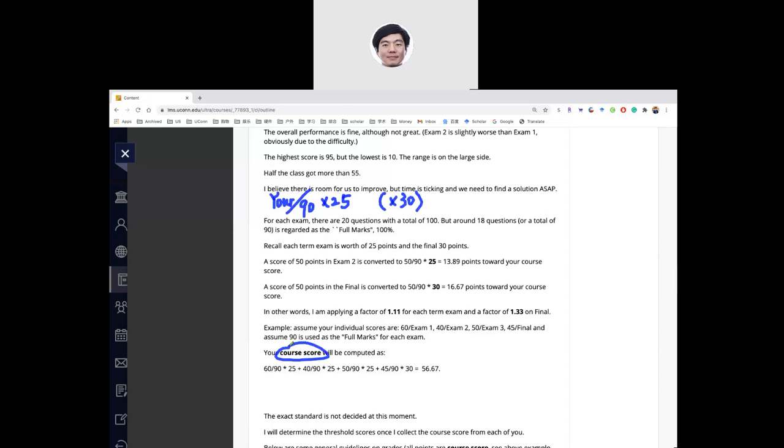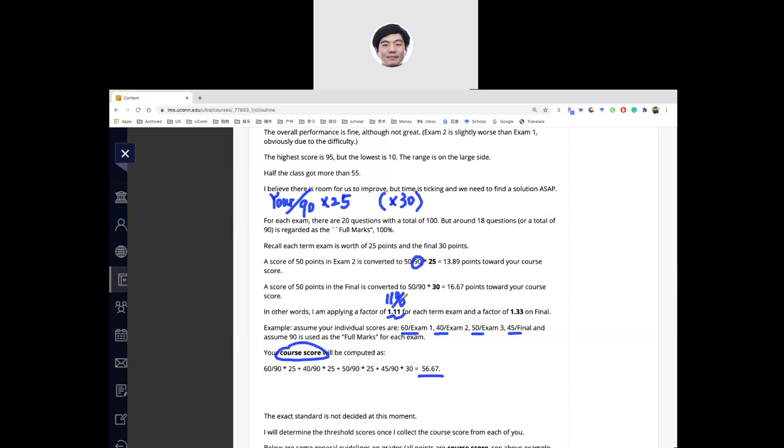Here is just a quick example. If you have 60, 40, 50, and 45, somehow an okay score, as you can see, you will pass, given all the curving or all the factors applied. Since I only use 90 as full marks for each exam, it's already about 11% bumping up.